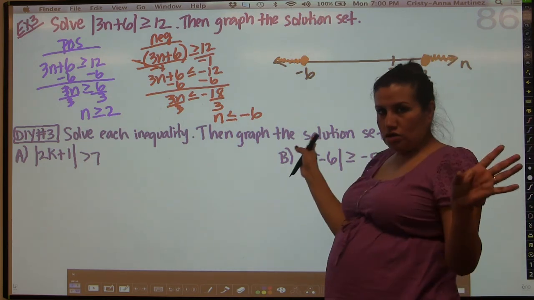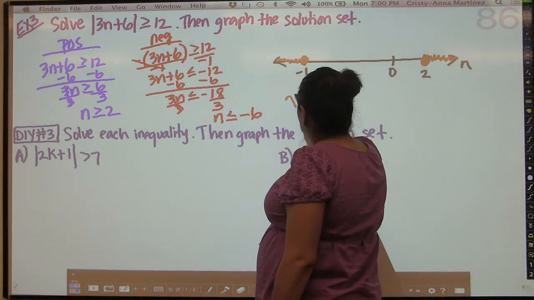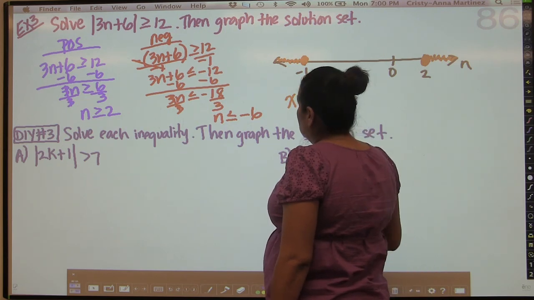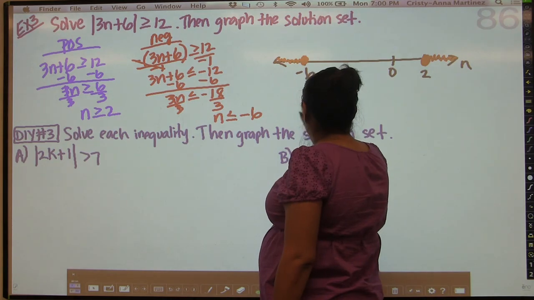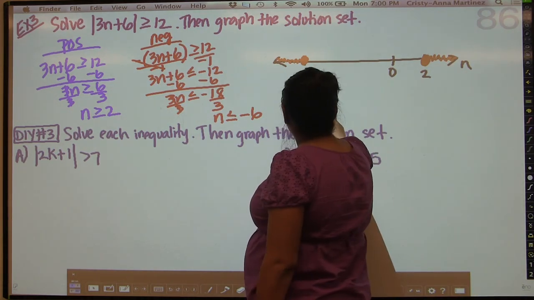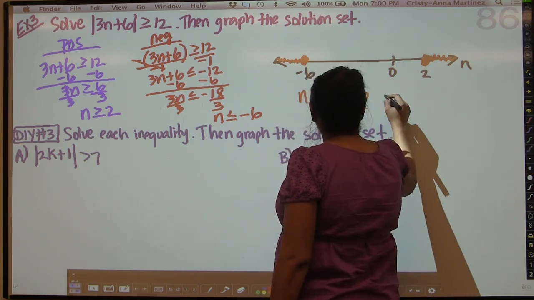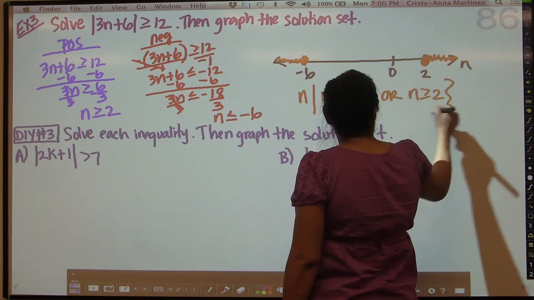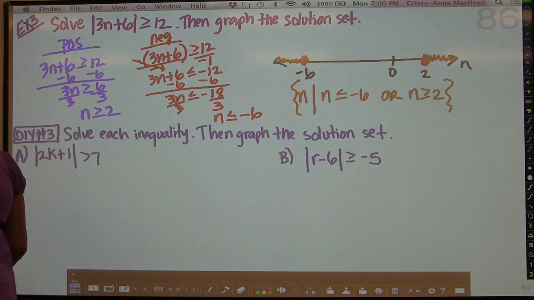So you're going to have an or, so it's either going to be here or there. So n such that n is less than or equal to -6, or n is greater than or equal to 2. My variable here is n. That will be my set notation, my solution there.